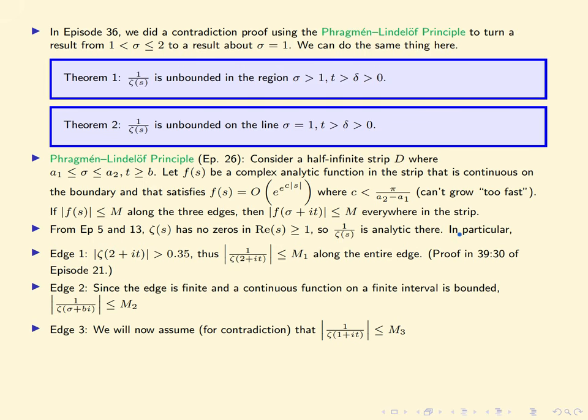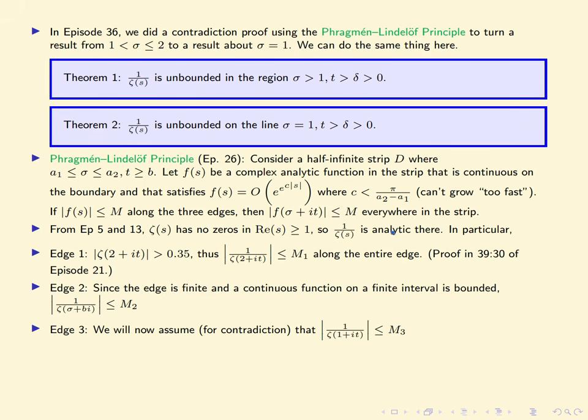And one thing I actually didn't prove yet is that the growth rate of 1 over zeta is not double exponential. It is a little bit hard to discuss the growth rate of this thing, so I'm not going to prove it this time, but it's definitely less than double exponential. It's not so easy to prove, but you'll have to trust my word that we can use this Phragmén-Lindelöf principle because 1 over zeta of s does not grow double exponentially.